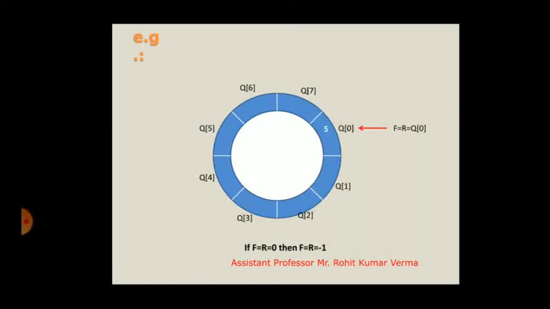That's why we are writing here front is equal to rear is equal to minus 1. Why are we writing this? Because we are deleting the only element from the queue which is stored inside this circular queue.